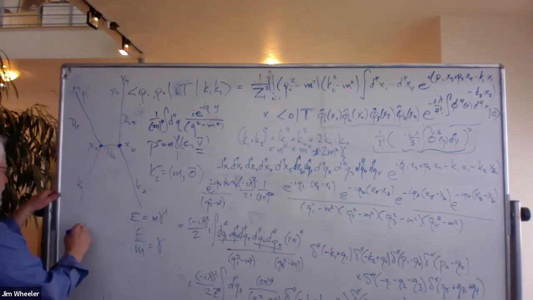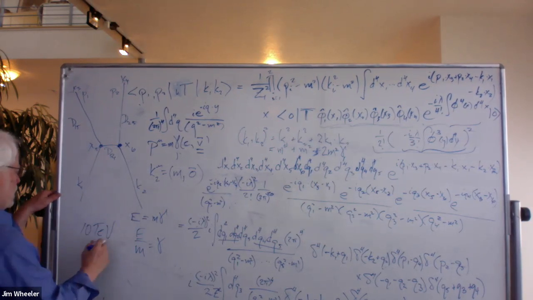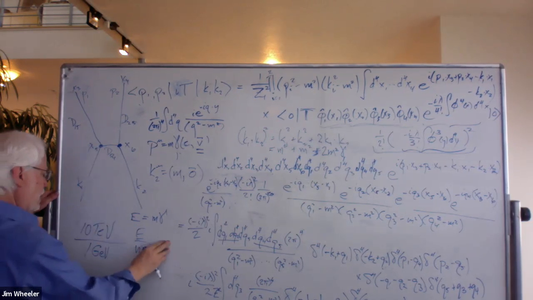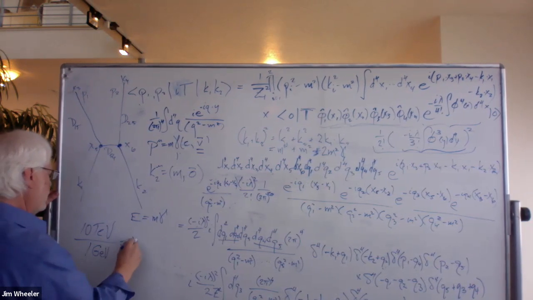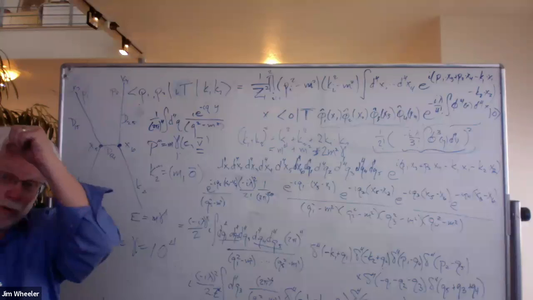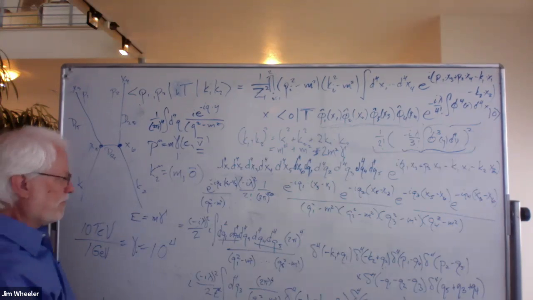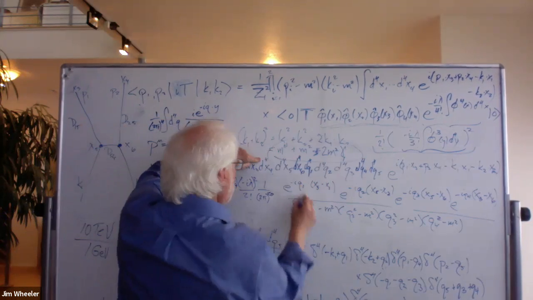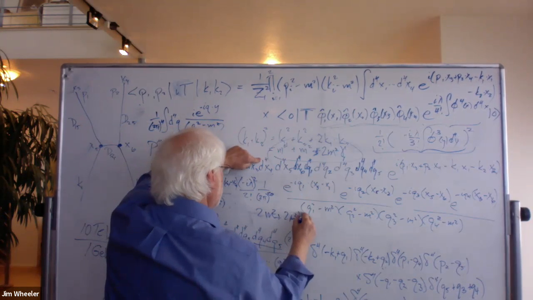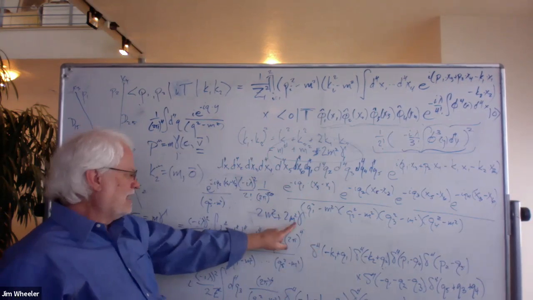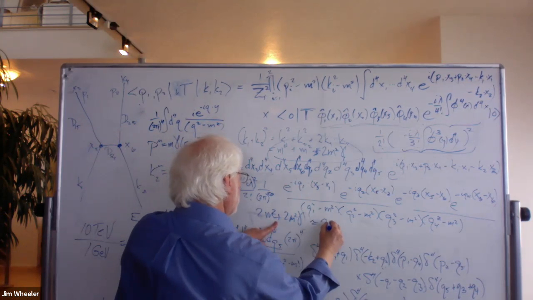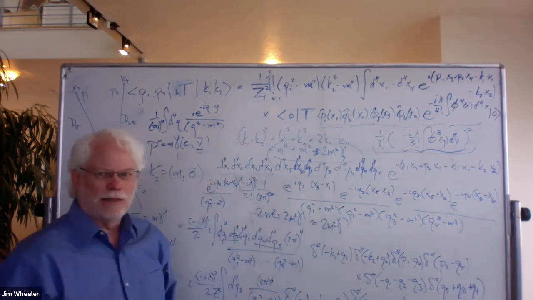If your energy is 10 TeV and m is 1 GeV, then gamma is 10,000, 10 to the fourth. So if I have something like 2m squared plus 2m squared gamma, that's 10 to the fourth, and that's 1. This is about equal to 2m squared gamma.